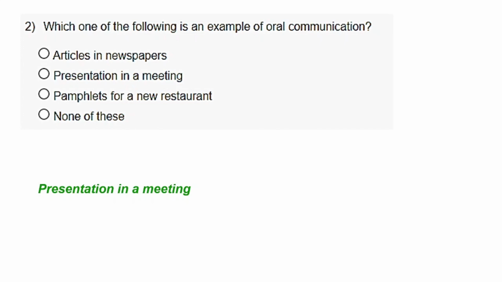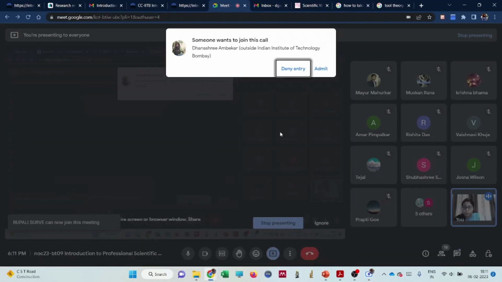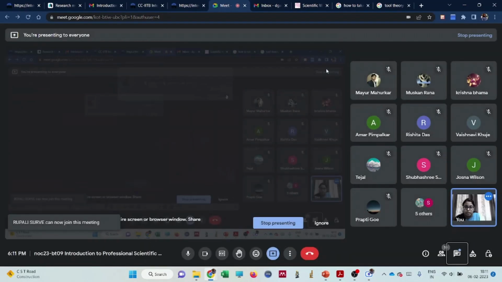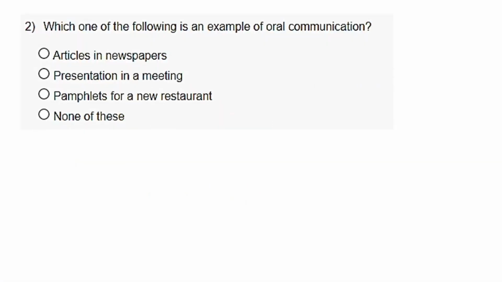You can, but out of the given options, articles and pamphlets are more written communication, where you write and give information to other people. When you're presenting in a meeting, you obviously have a slide deck, and you're talking about it in your own words. You're communicating with your voice, so that's an example of oral communication.